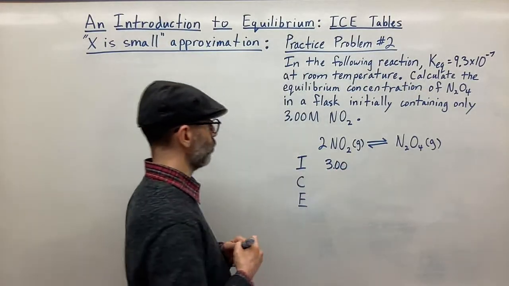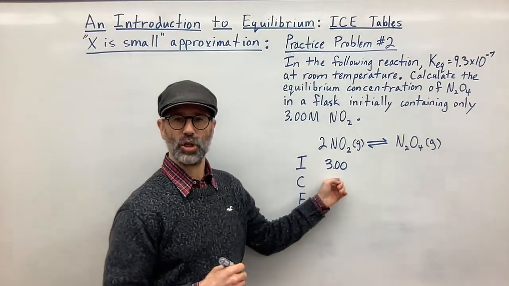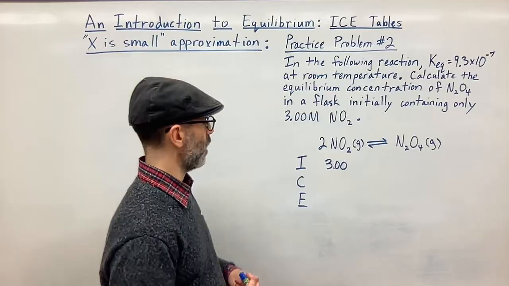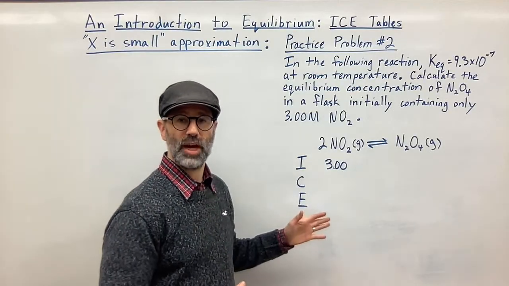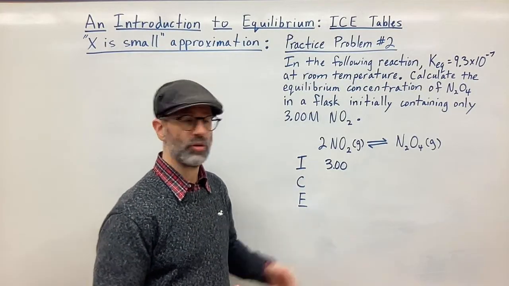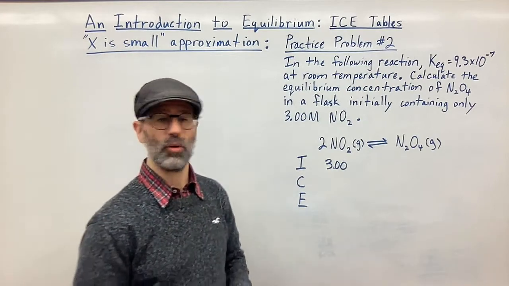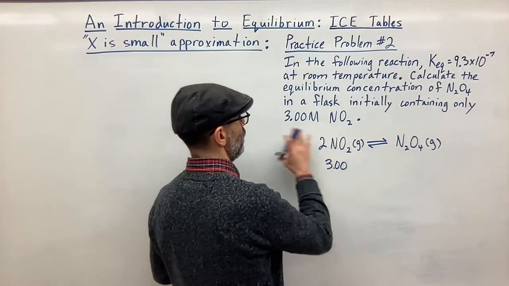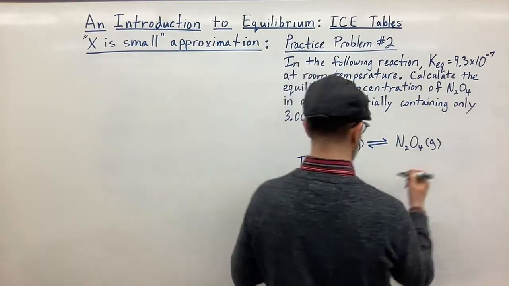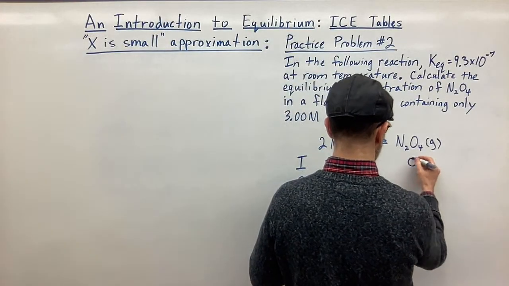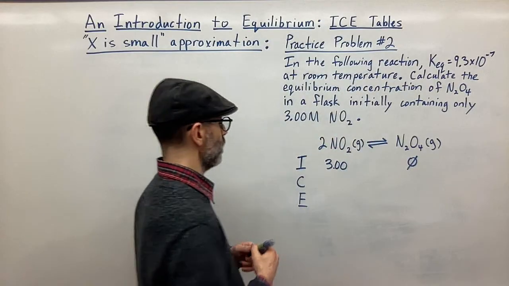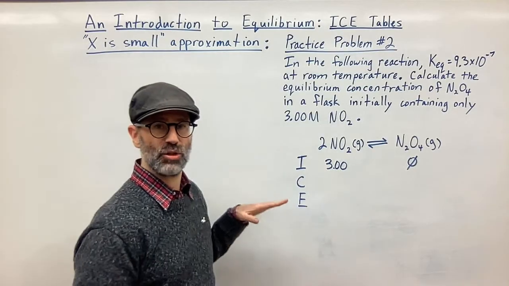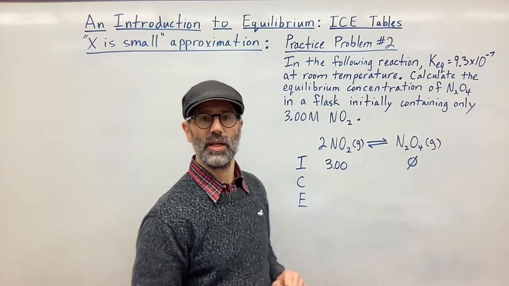You don't have to write the molar because it's assumed you're using molarity. Again, you want to use concentrations, not moles, for your ice table. Since we only have the NO2, the concentration of N2O4 is 0 to start with. Since we have 0 product, the initial reaction has to go this way.